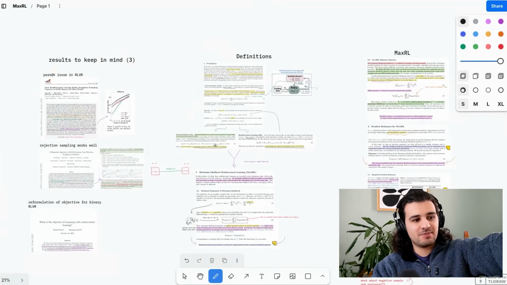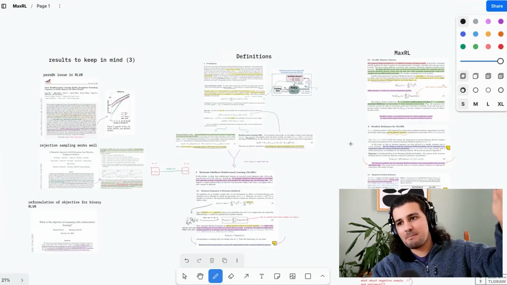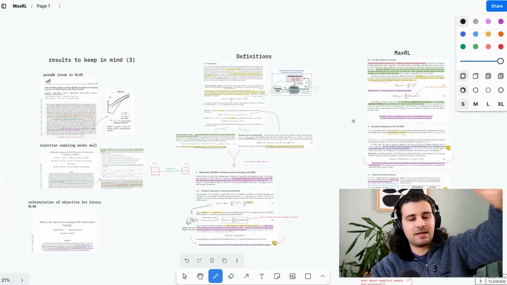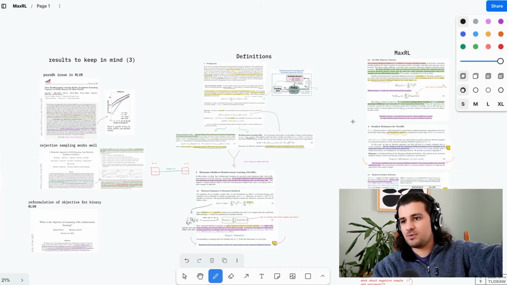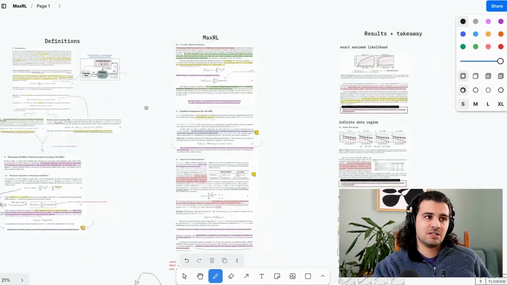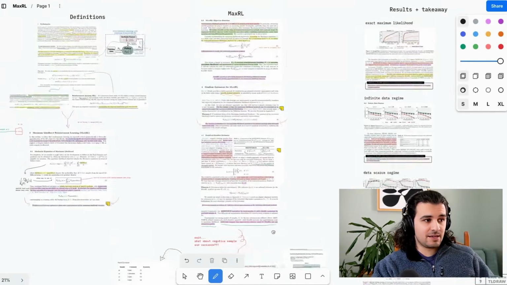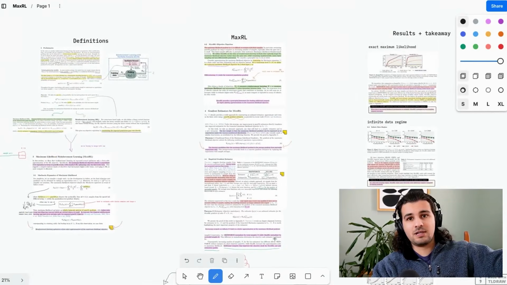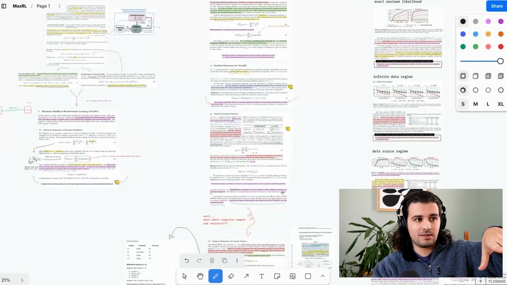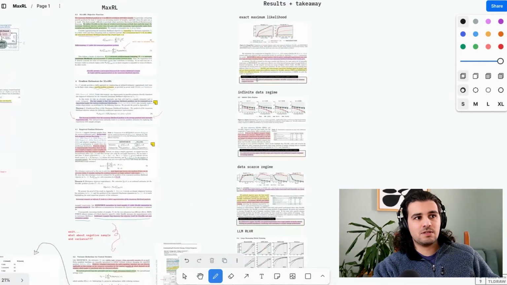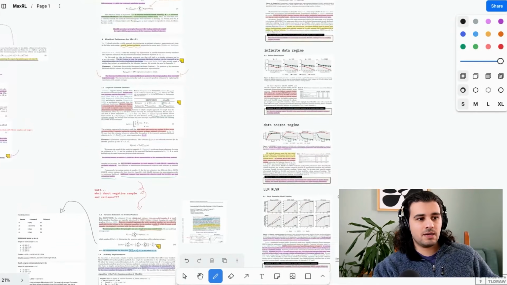We're going to go through some definitions because this is a math-ish paper, to go from the preliminary elements to the MaxRL formulation. We're going to go through MaxRL, from what it should look like theoretically and empirically, in practice, exactly how to implement it. And at the end, we're going to see a bunch of results and takeaways, which are pretty cool.